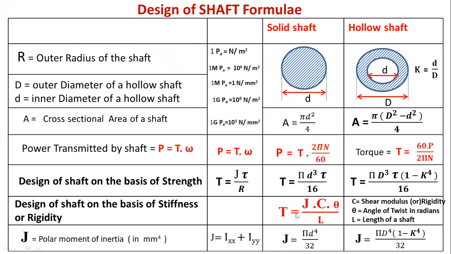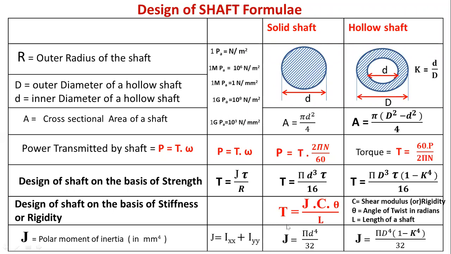Now this is the formula used for the design of a shaft on the basis of rigidity or stiffness. Torque transmitted by the solid or hollow shaft equals polar moment of inertia into shear modulus into angle of twist in radians divided by length of the shaft.